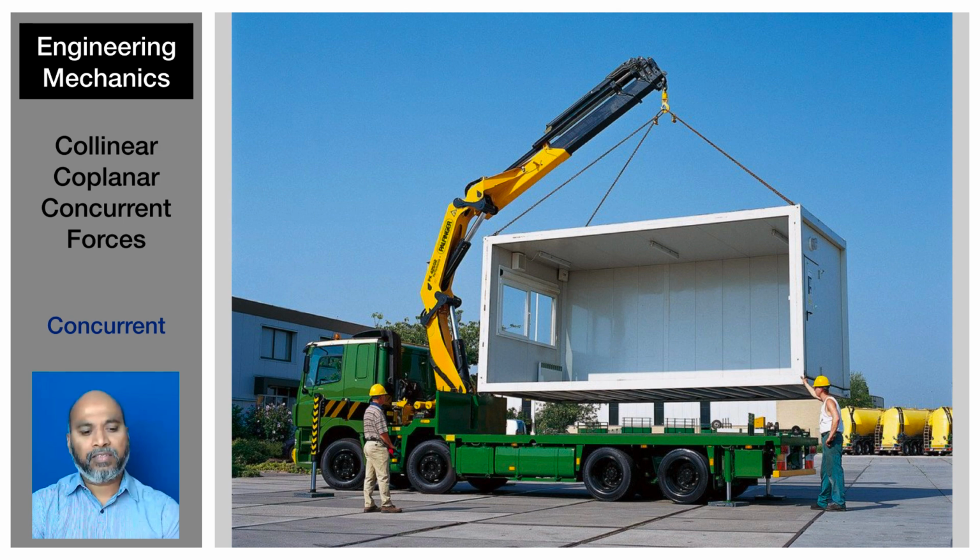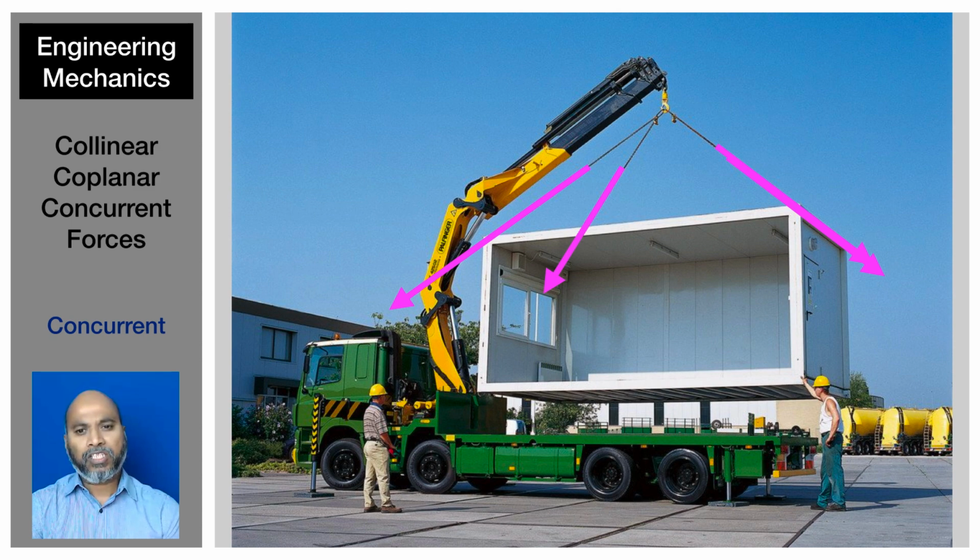Look at this, another example of concurrent forces. Now you have this lorry on which this porter cabin is being loaded through this crane, and you can see this porter cabin is supported by four wires which are hooked on the top of the hook connected to the crane, and those four wires will have built up tension, as you can see from the forces represented here in the picture.